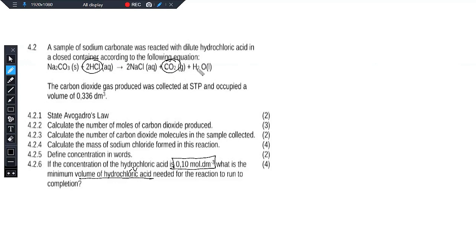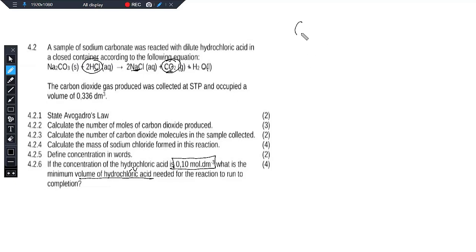If we want the number of moles of the H2O, we'll just compare the coefficient ratios. It's 1:1. That means it would have the same number of moles. We want the number of moles of this one here. We just compare the ratios, 1:1. That means they would have the same number of moles. This to that, that means the sodium chloride has twice the number of moles. This to that, that means hydrochloric acid has twice the number of moles of carbon dioxide.